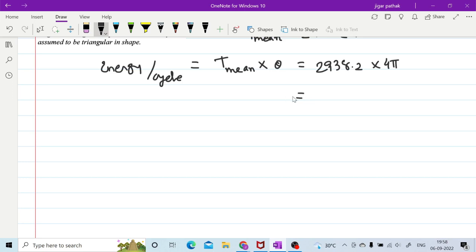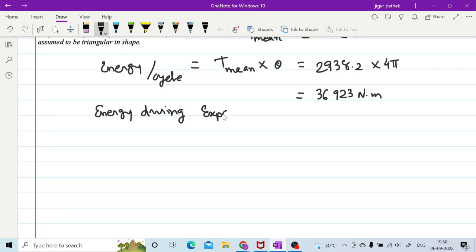So what is that? 36923 Newton meter. Correct.